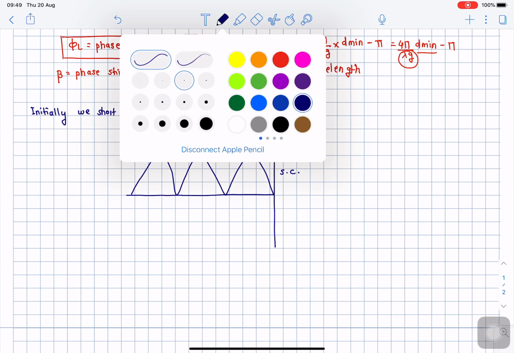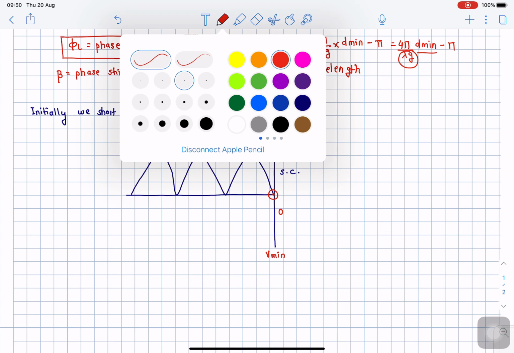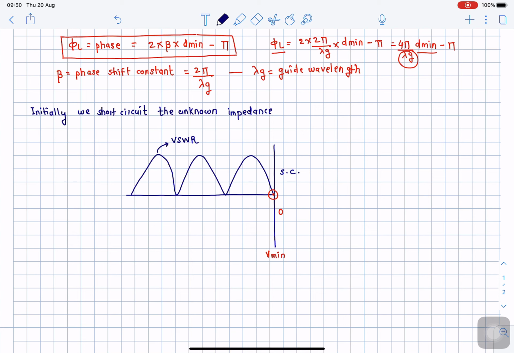At the position of the short circuit we will get a voltage minimum. So this is the first voltage minimum, at distance 0. Here I will get minimum voltage. And this pattern denotes the VSWR.